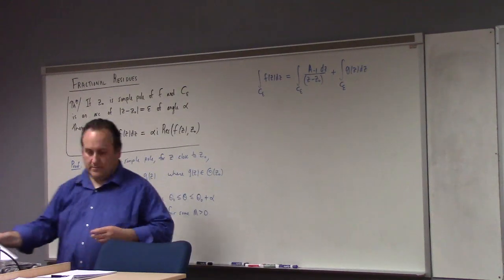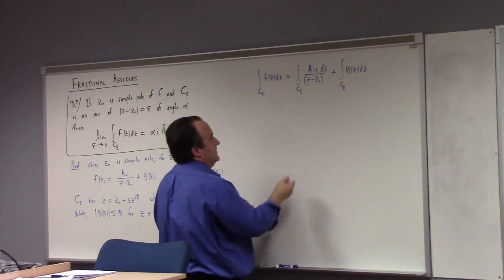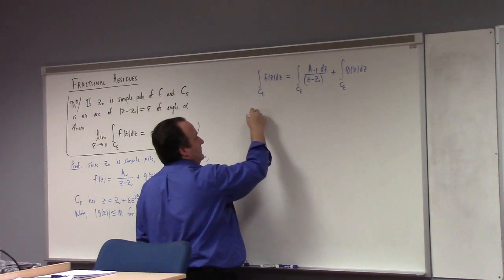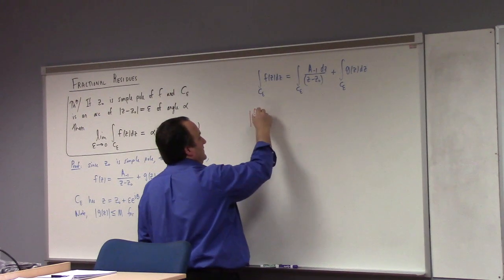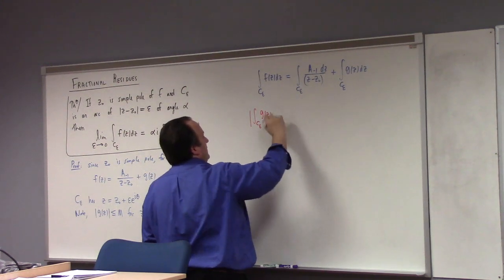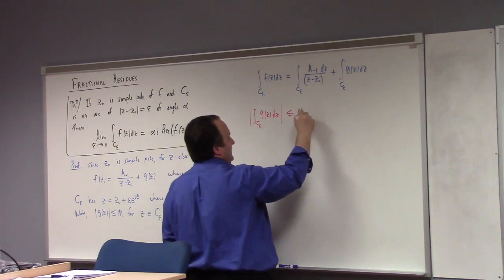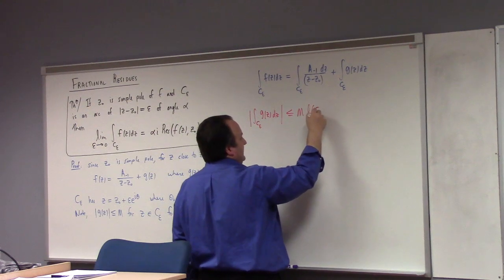But notice the g part, we can think about that. The absolute value of the integral over C epsilon of g(z) dz, by the ML theorem, is less than or equal to M times the length of C epsilon. But what's the length of C epsilon?